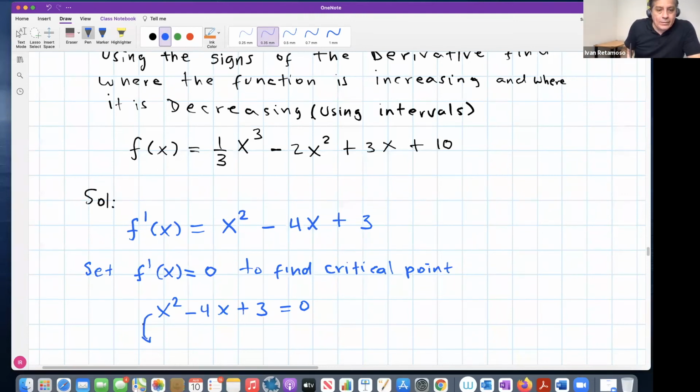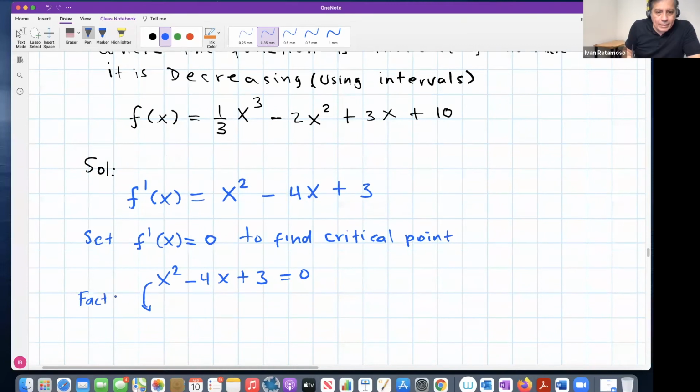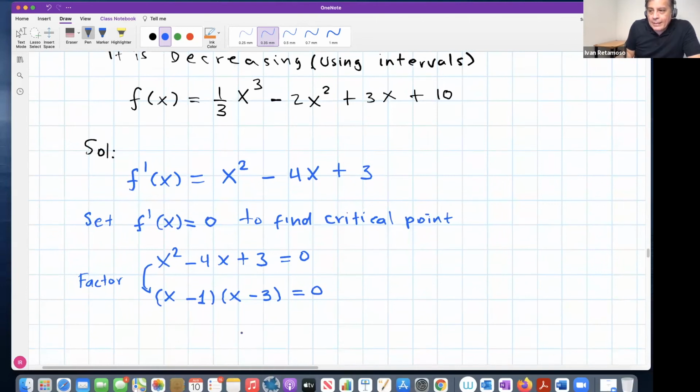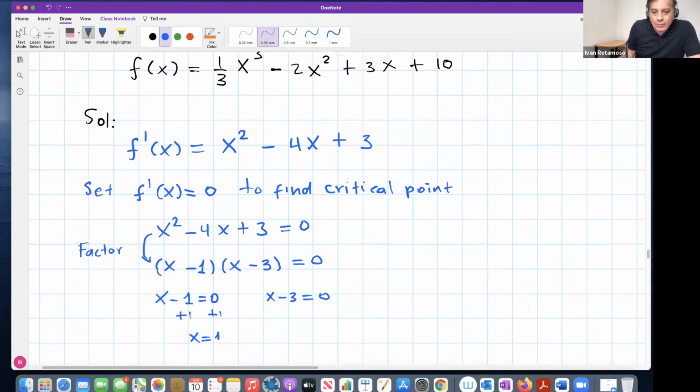We can solve this equation using the quadratic formula, but when factorization is possible, I recommend factorization. It's a little bit quicker. Factoring this, two numbers with multiplication 3, whose sum is -4. After some trial and error, you will find them 1 and 3, but both must be negative, so the sum is -4, right? So I get this factoring. Now, setting each factor containing the variable x equal to 0, I find my critical points: x equals 1 is one critical point, and x equals 3 is another critical point.